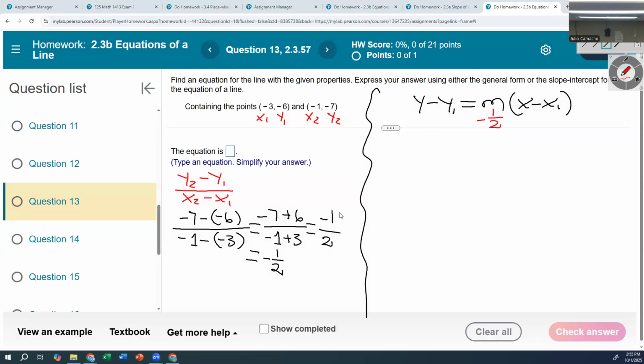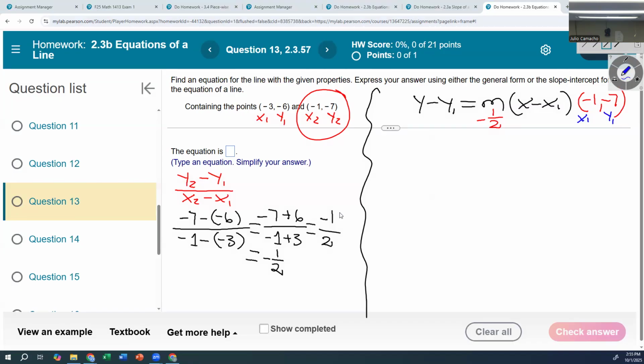And then we pick one of the points. I will pick the second one. So let me put the point here. The point I'm picking is -1, comma, -7. And I can label that: this is my x1, and that will be my y1.